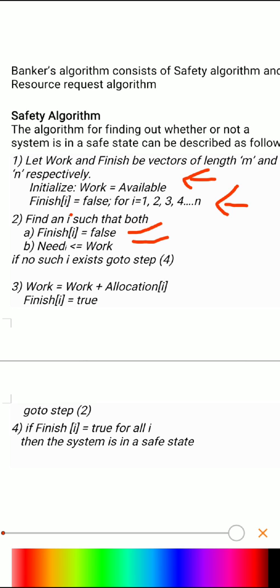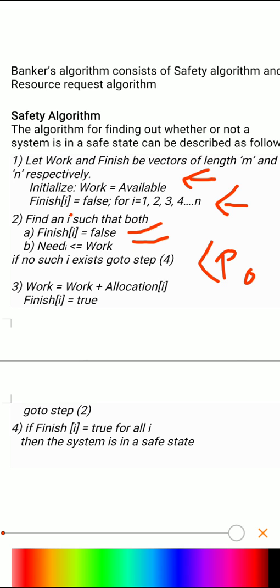If that particular i fulfills this condition, for example process P0 has not completed its execution and its need is less than or equal to the work matrix, then that process will be added into the safe state. For example, P0 will be added into the safe state.